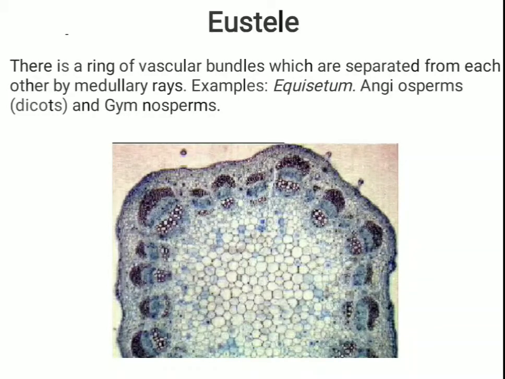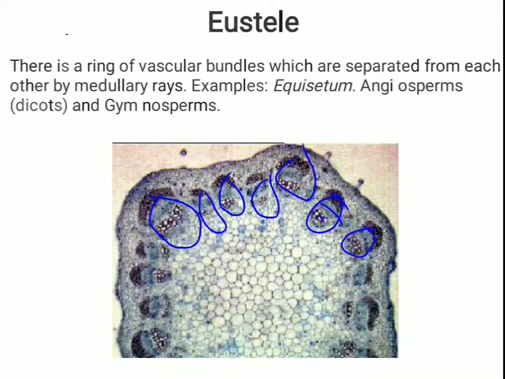Okay, you can see these all are single vascular bundles. In a single vascular bundle, the white colored cells are xylem, and phloem is present and pericycle is present. Okay, there are separate vascular bundles.